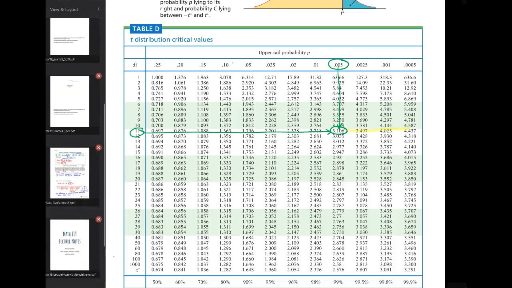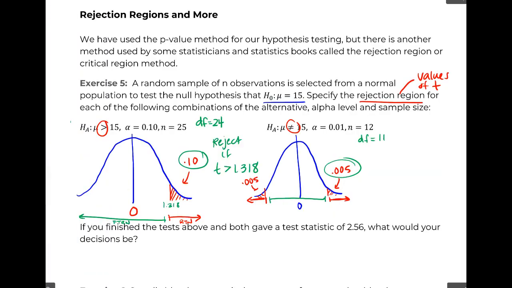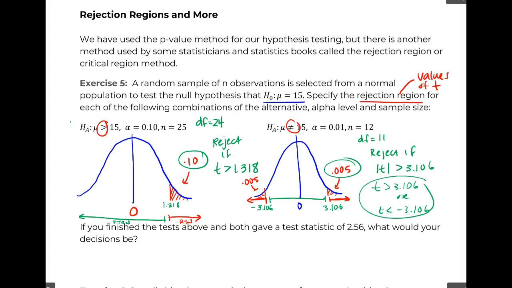That's where our rejection region is going to start. So this is 3.106, which means the other side is negative 3.106. We will reject if the absolute value of t is greater than 3.106, or you could split it up into two, where t is greater than 3.106 or t is less than negative 3.106. Either one of those works.